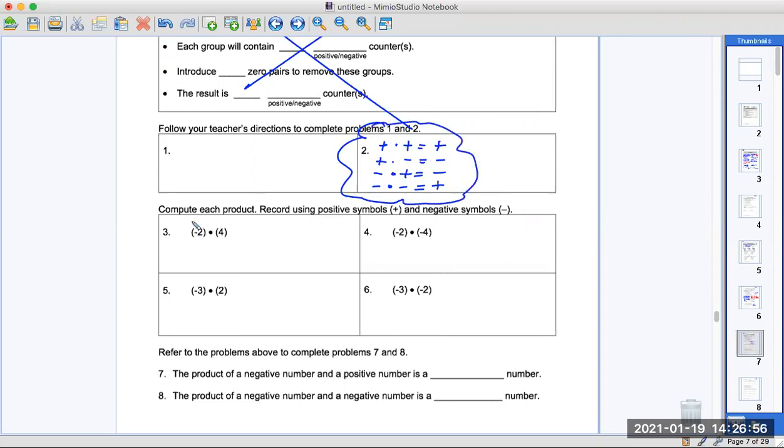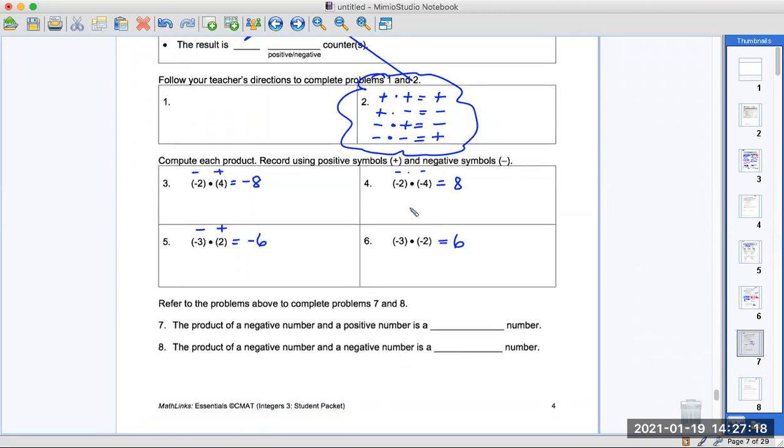Let's look. Negative times positive, answer is negative 8. Negative times a negative, answer is positive 8. Negative times a positive, answer is negative 6. Negative times a negative, answer is positive 6. So that's how you can apply this, okay?